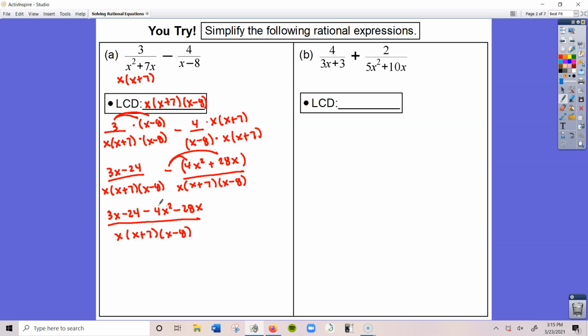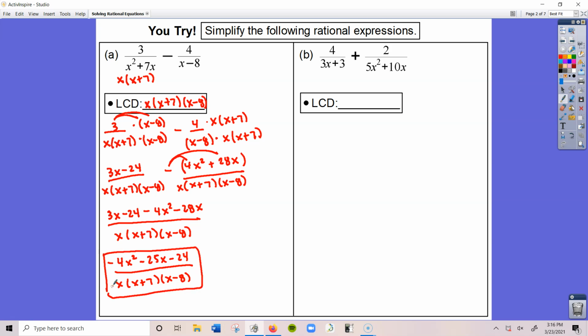And finally, we're going to combine like terms and rewrite this numerator. So we have negative 4x squared. Then 3x minus 28x is minus 25x minus 24. All over x times x plus 7 times x minus 8. And this would be my final answer.